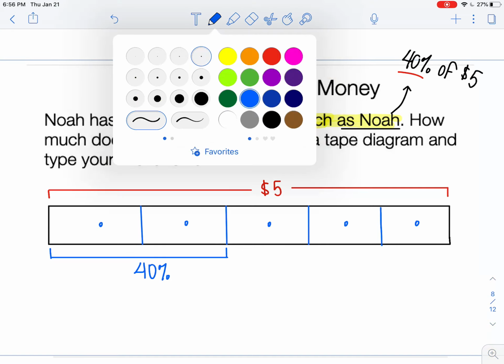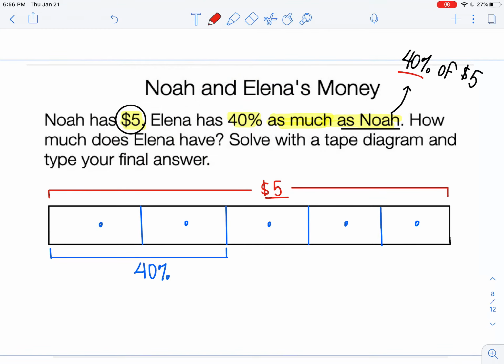So now I can see, okay, I have $5. And I'm splitting up my $5 into 1, 2, 3, 4, 5 groups. So, of course, 5 divided into 5 groups is simply $1 per group. $1, $1, $1, and so on.